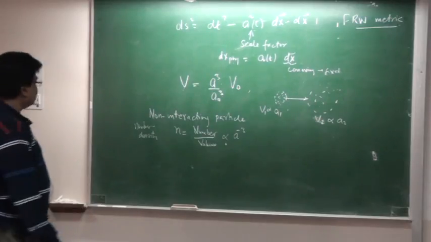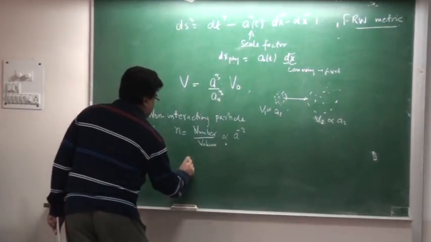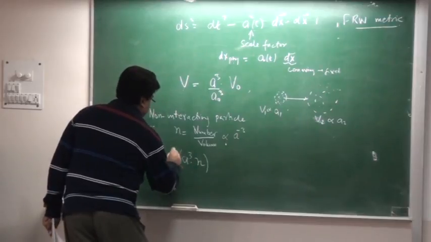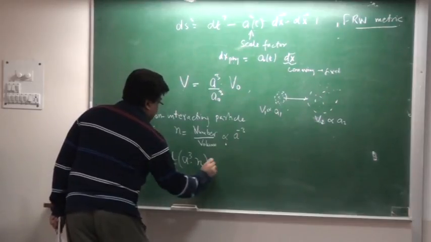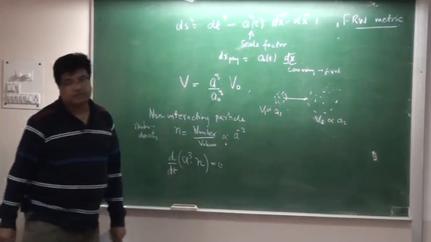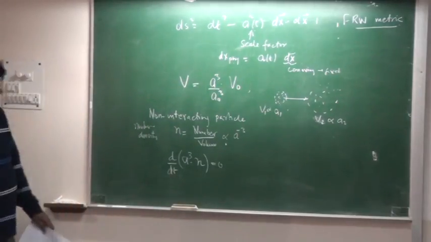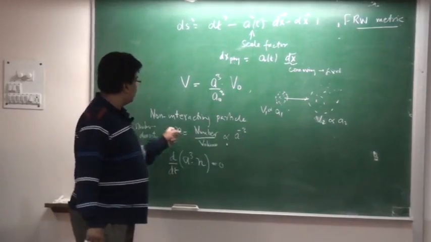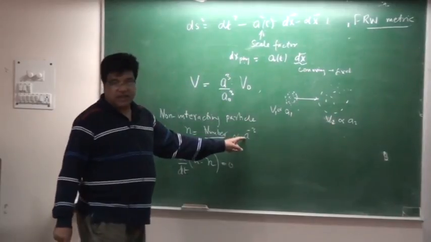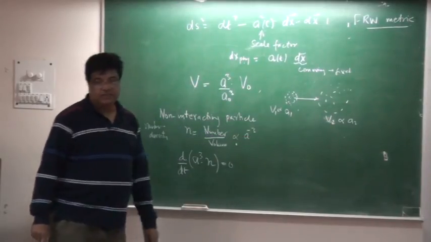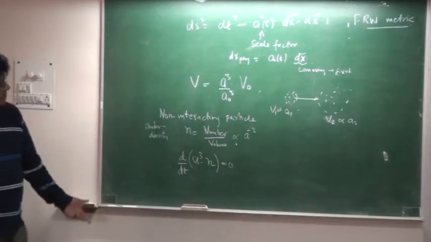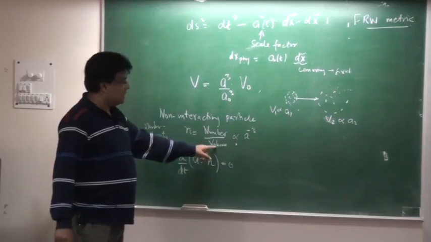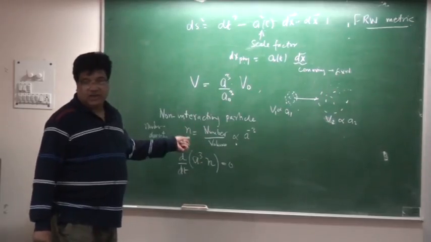So a cube times n, the d by dt of that is 0. Because n is proportional to a to the minus 3, if you multiply a cube times n, this is a constant. So n is basically decreasing because of the volume factor. If you multiply a cube, which will cancel the increase in the volume, there is no change.